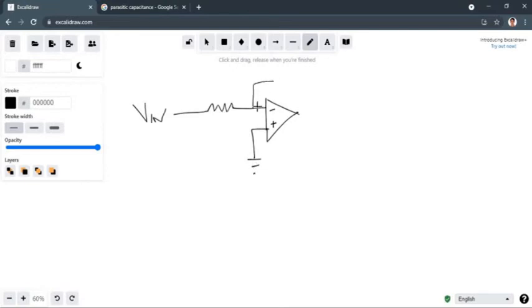Then the capacitor is the feedback instead of another resistor as in the inverting configuration.